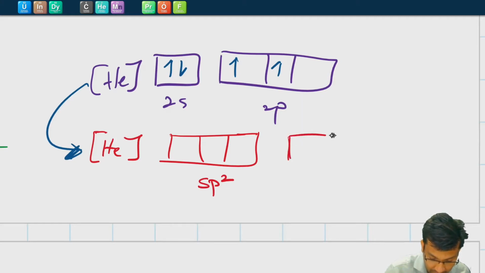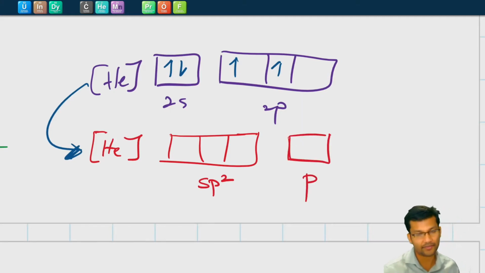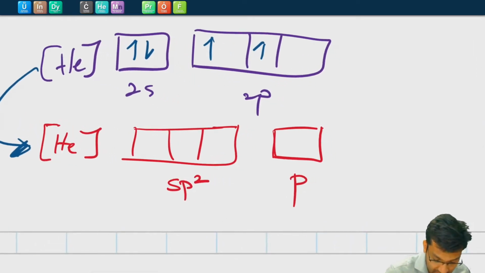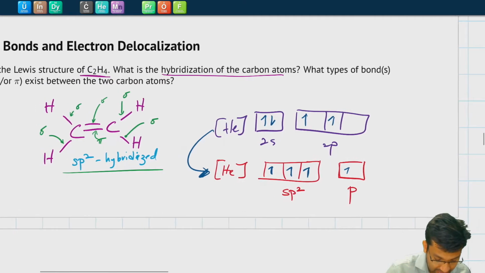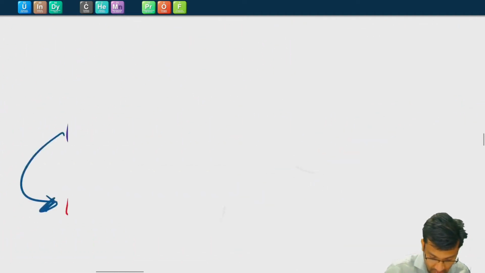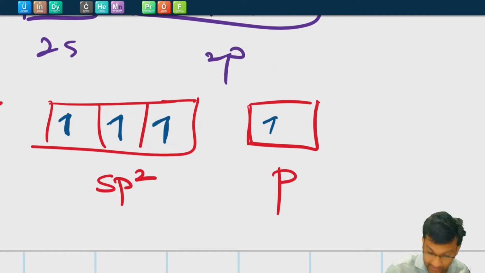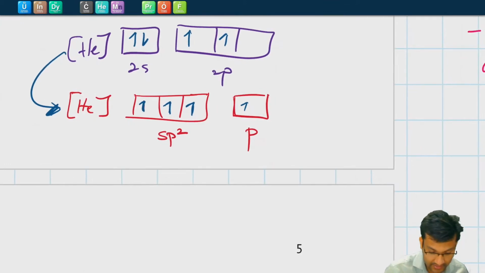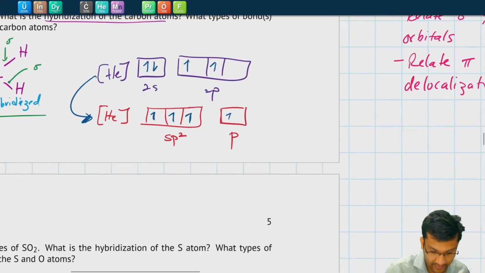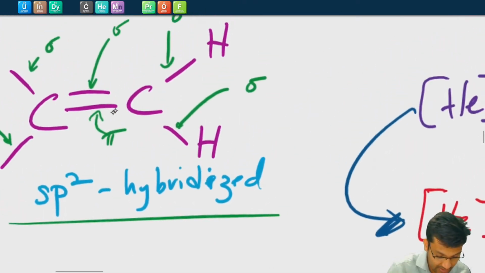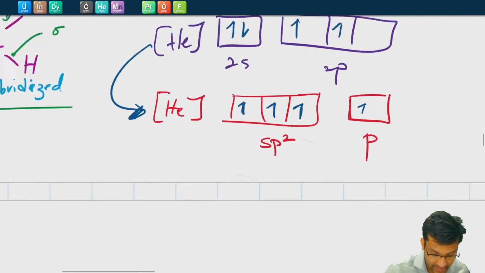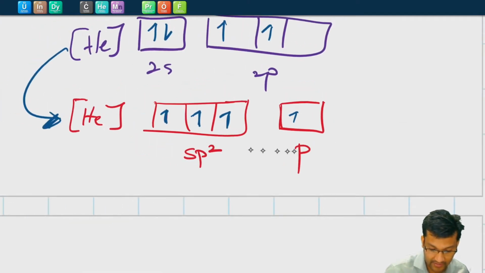That means there's one leftover p orbital that's not hybridized. So let me put my electrons in here: 1, 2, 3, 4. I'll just put them here because technically this carbon has 4 bonds, so we need 4 unpaired electrons that need to overlap to form bonds. The other carbon would also do the same thing, and so it'll have these 4 orbitals ready for bonding.